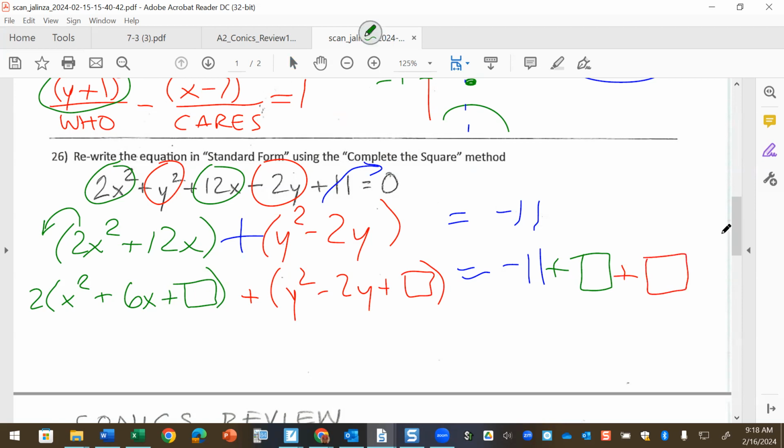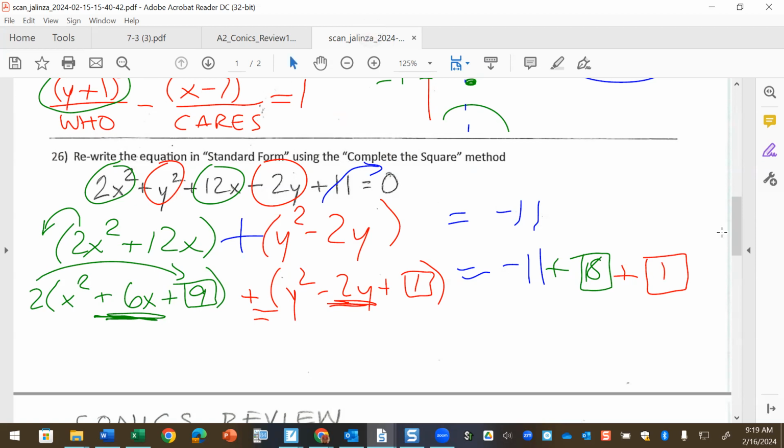Now we complete the square. What's half of b? 3 squared is 9, but it's not really 9, it's really 18. What's half of this b? -1 or +1. Doesn't matter because you're going to square it and call it +1. Nothing to multiply by here, so just write 1.